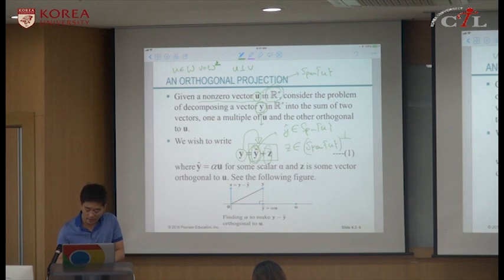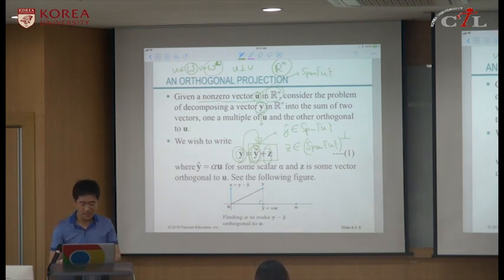This slide is saying that within the same entire space, we are given any vector in Rn, and it is decomposed into the sum of two vectors, where the first one belongs to W and the other belongs to W perpendicular.